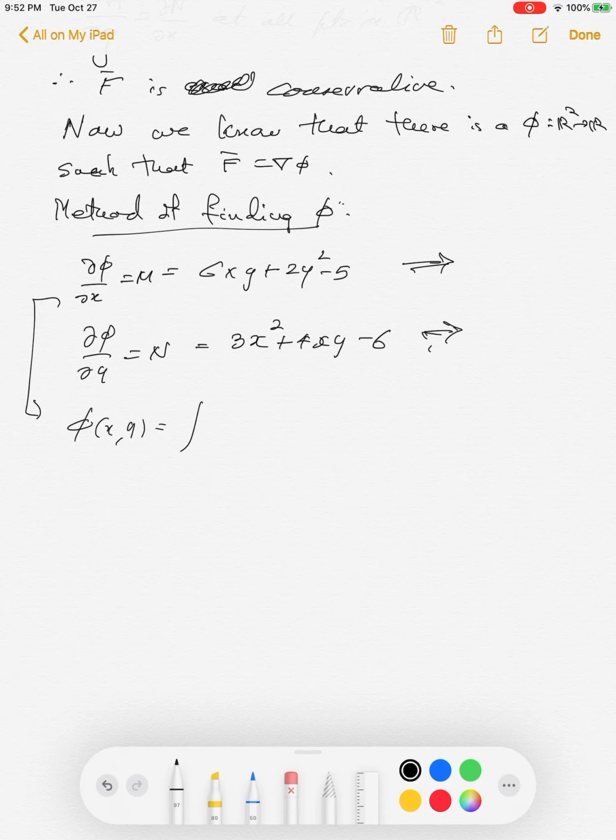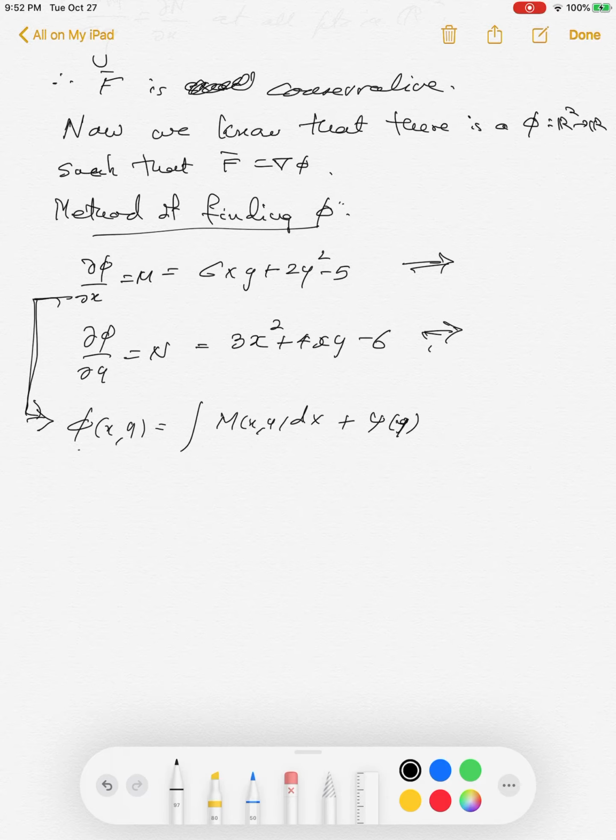So how do you do that? Naturally, let's start with the first one. What does that say? So phi of x, y, I integrate both sides. So this is going to be integral of M(x,y) dx, plus something, because integration is not unique. You can add anything which depends on y, and when you take the partial with respect to x, this constant, which will be a function of y now, so I call it psi of y, will vanish.